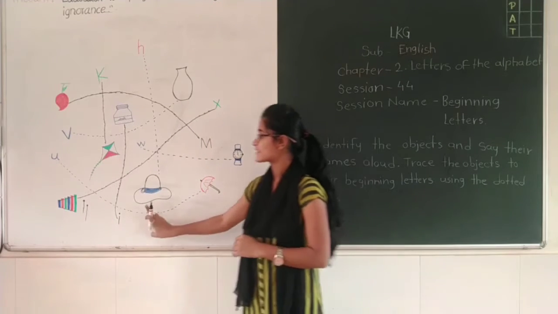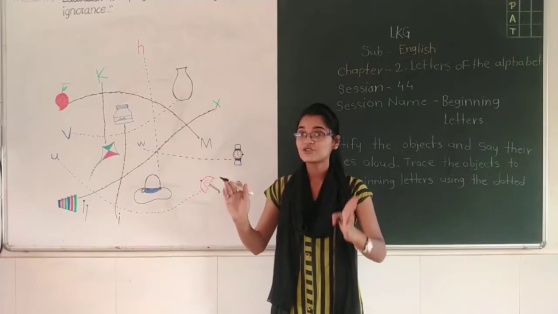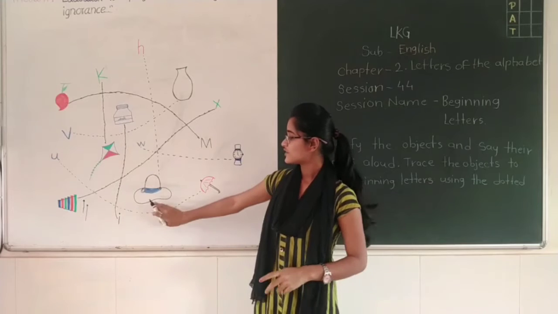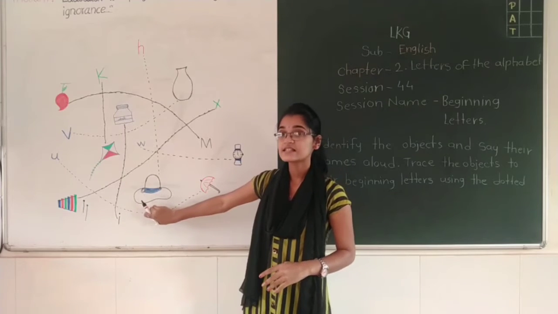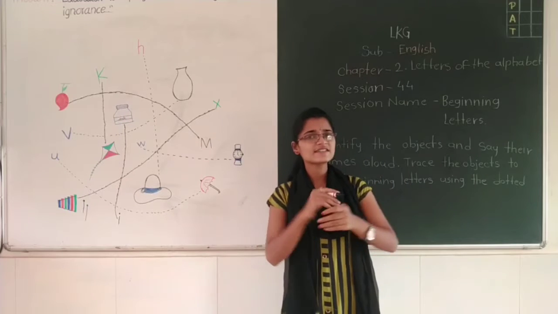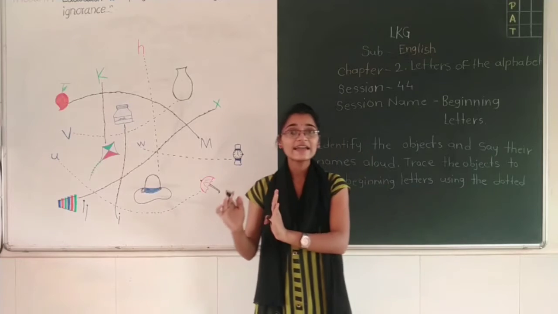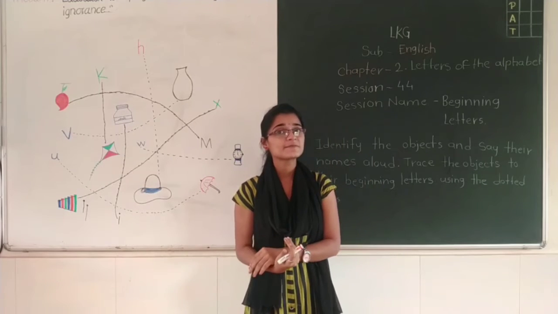Okay? Then next, tell me which picture is this? Yes, this is the picture of a hat. Which picture is this? This is the picture of a hat. Do you know the spelling of hat starts from which letter? The spelling of hat starts from which letter?